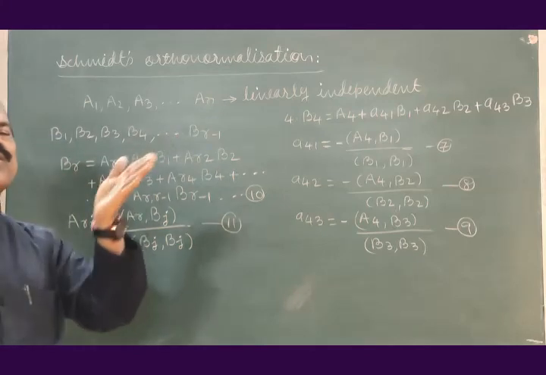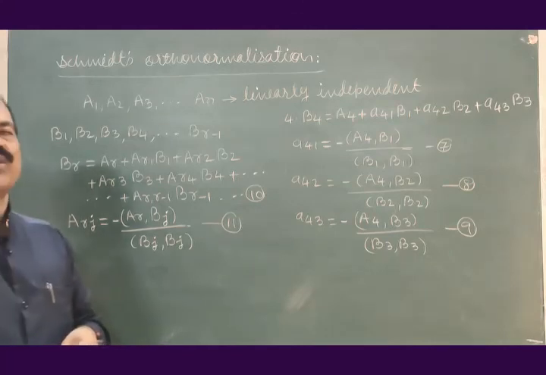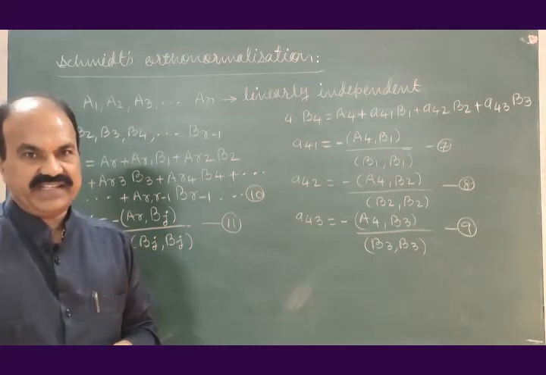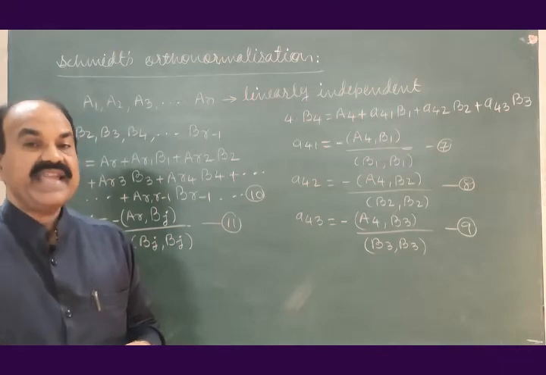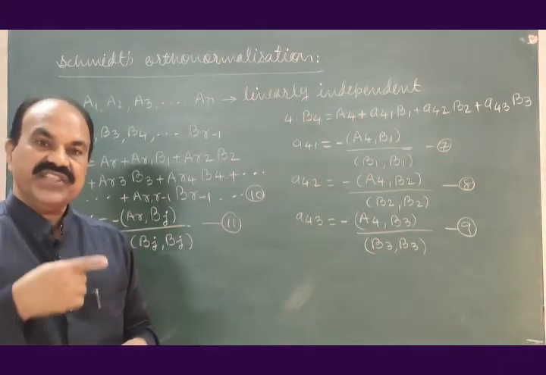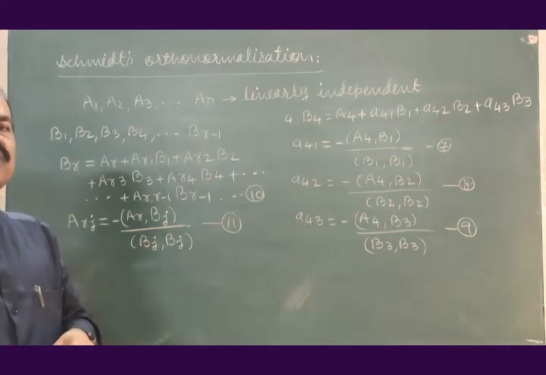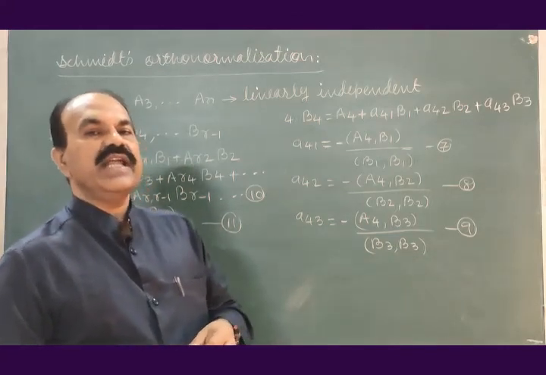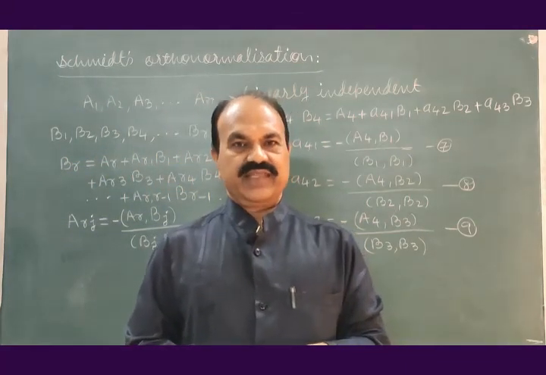This set of orthogonal vectors will be converted to the set of orthonormal vectors by dividing each of the orthogonal vectors by its norm.